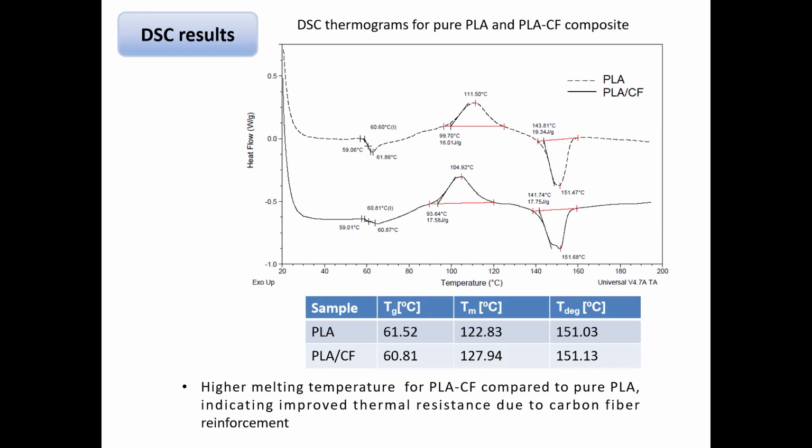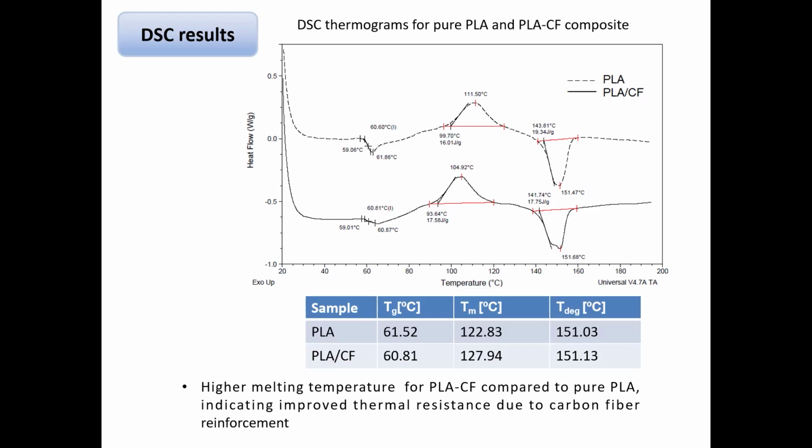Very important for us, in this comparison of PLA with carbon fiber compounds and the PLA raw material, is that the temperatures are higher for PLA with carbon fiber particles. Why? Because a higher temperature means that the PLA with carbon fibers has better thermal stability than pure PLA.